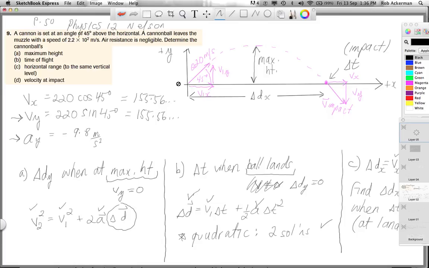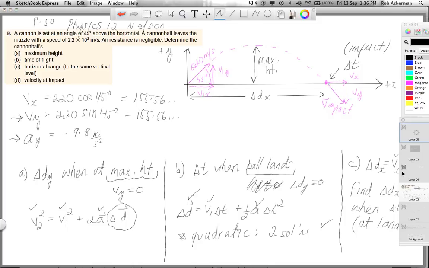Do you remember when we were talking about this? We talked about the initial velocity vector components and how the Vx stays constant, but the Vy changes. The Vy changes because there's acceleration in the y direction. Initially it's up, but as time goes by, it starts to turn down. And we discussed how you need to combine these two to find V impact.